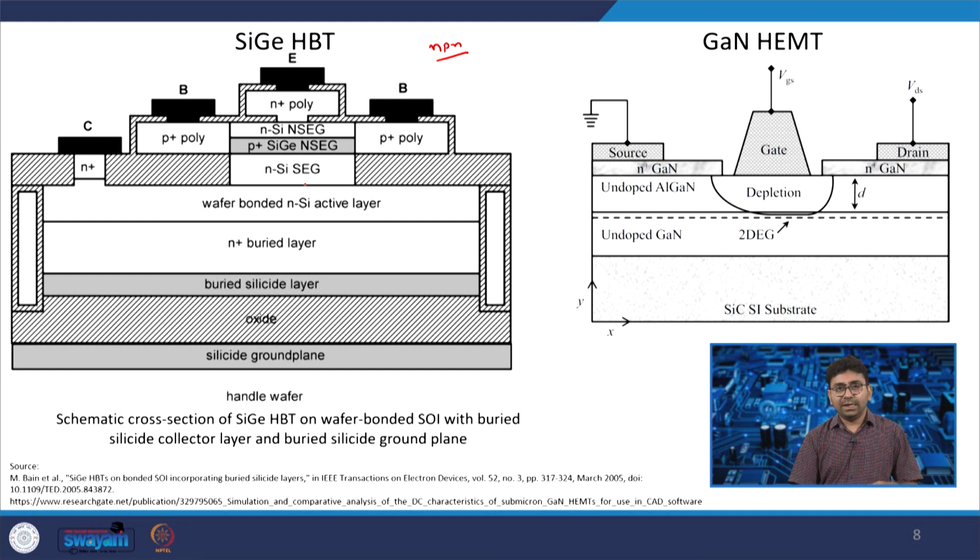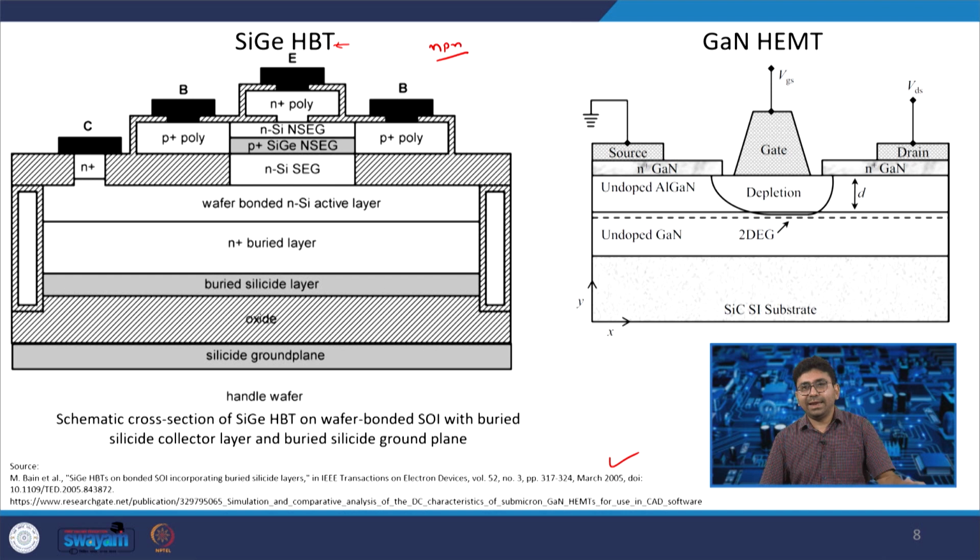So, the electron transport will be vertical in a heterojunction bipolar transistor, and the way we are making our MOSFETs, we can also make a silicon germanium based HBT. If you are interested in more detail about how HBT works, I suggest you go through the references that we have provided.